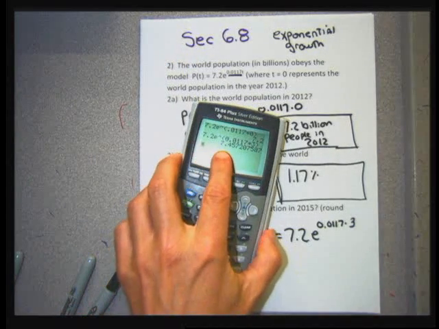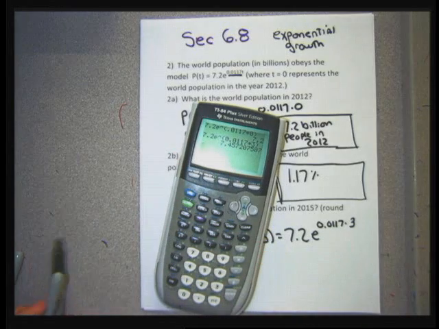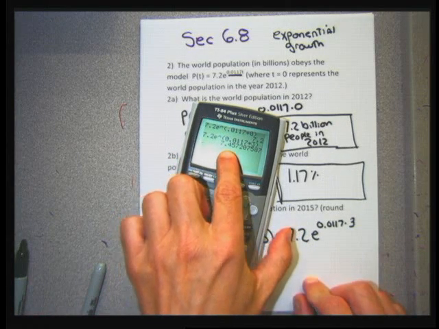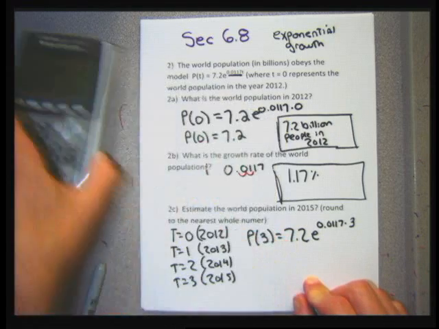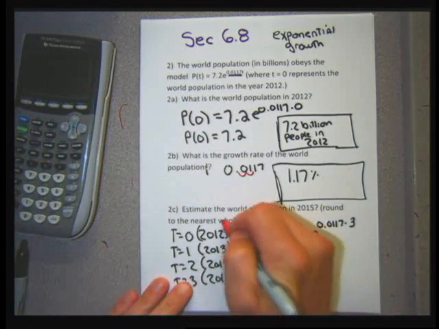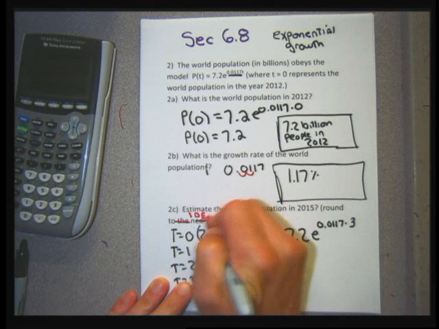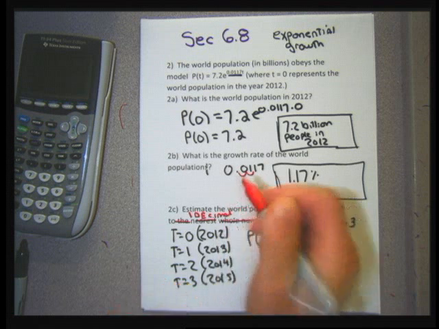Oh, I'm going to change that to round to one decimal place. I don't like this round. I'm going to write 7.5 billion people as opposed to 7 billion people. So let me say round to 1 decimal, and I'll make a note to myself to change that.